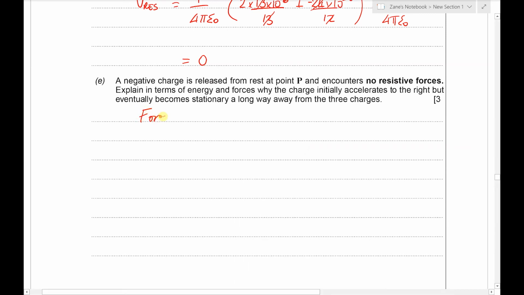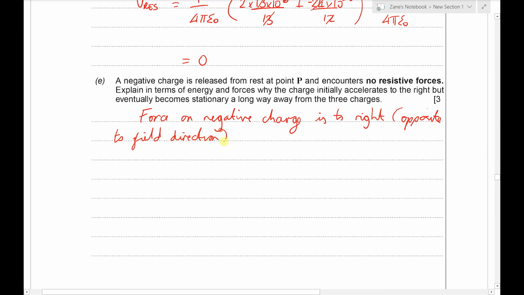So the force on a negative charge is to the right. Just put in here a little explanation: it's opposite to the field direction. So the charge will accelerate to the right.